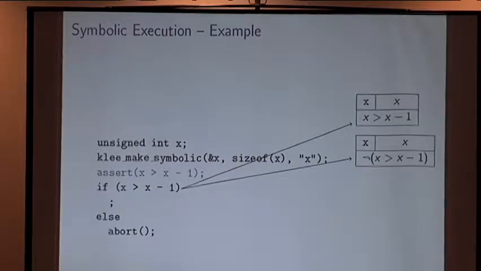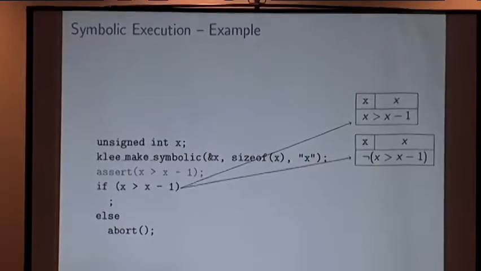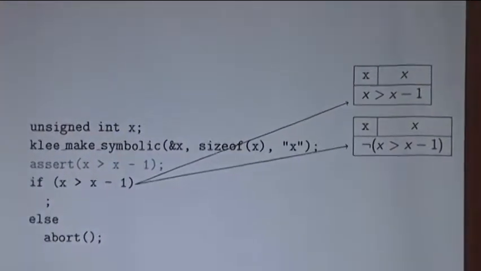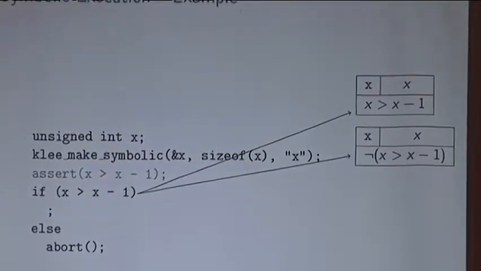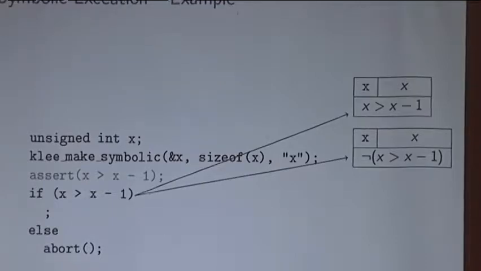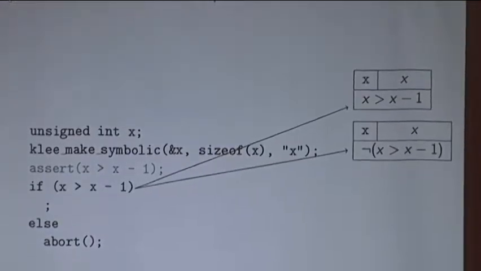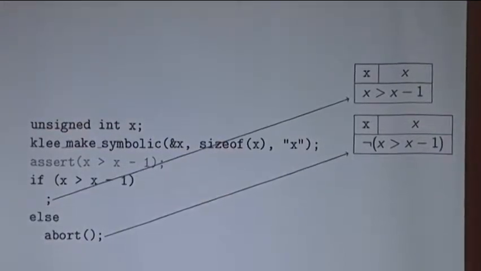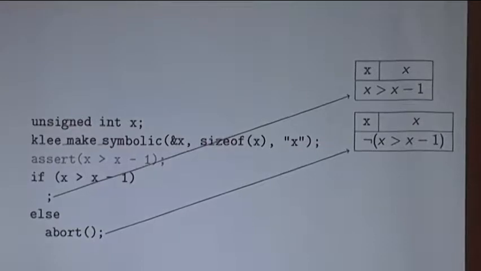But in fact, what we do is we fork execution, which is what happens when our constraint solver tells us that both paths are feasible. So the reason the false path is feasible is if x is 0, you get an underflow if you subtract 1. And so we reach both paths and we abort.